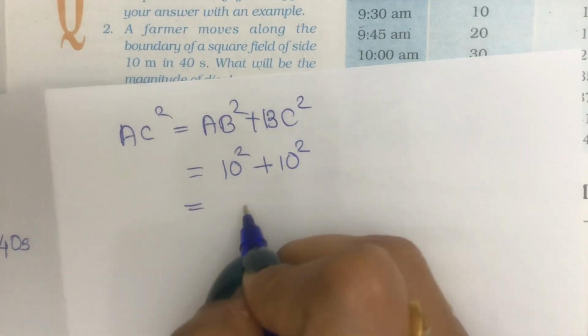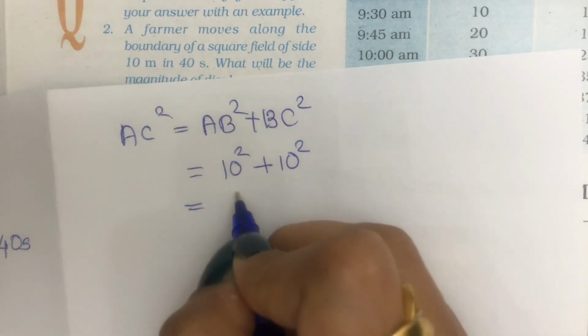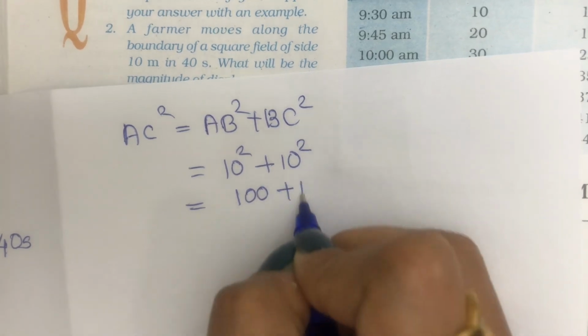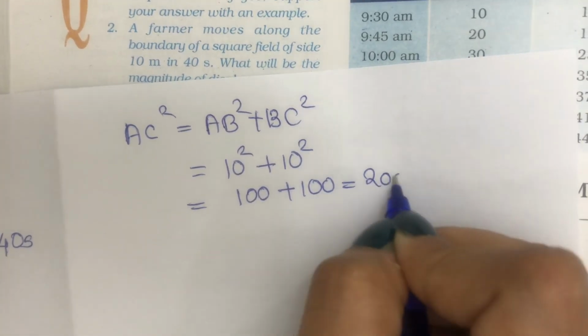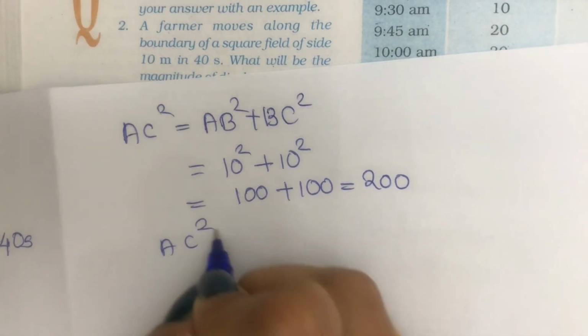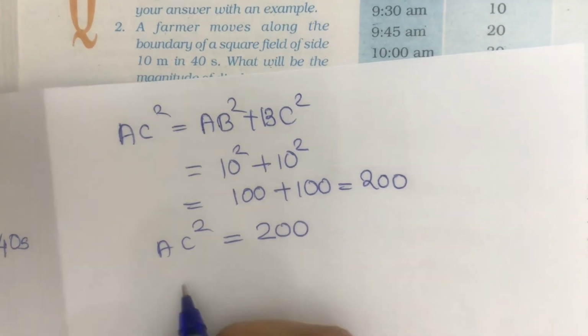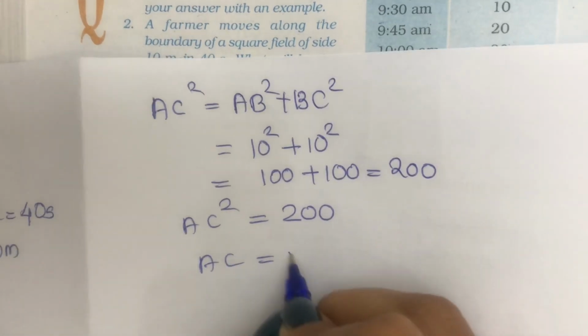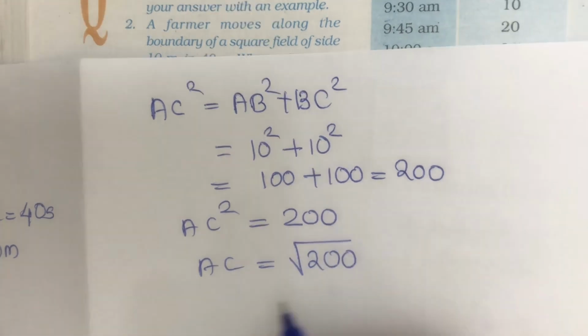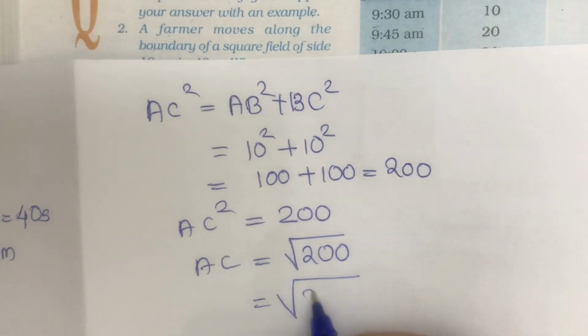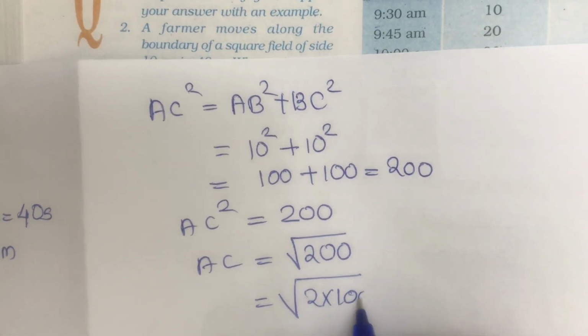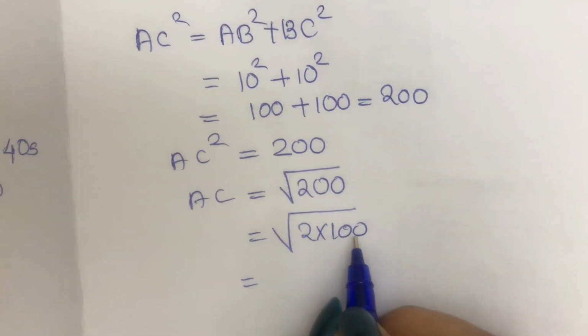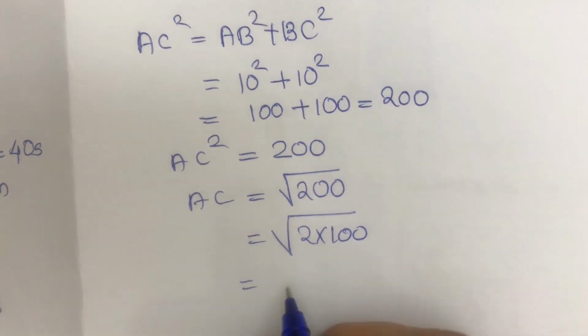So how much is it? 100 plus 100, which is equal to 200. So AC square is 200. So AC will be root of 200. You know what is 2 into 100? So 100 is 10 square. So we can take the 10 out.